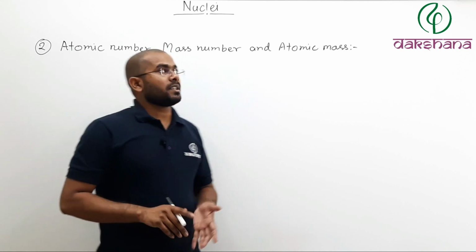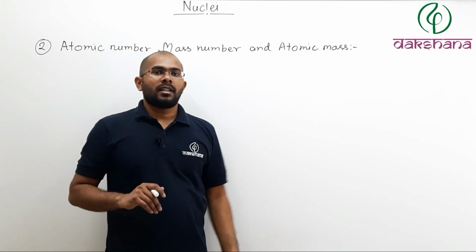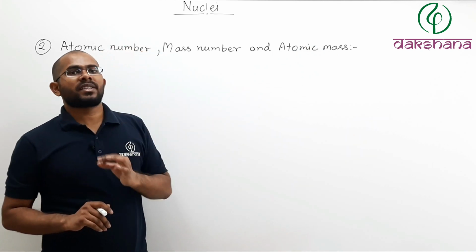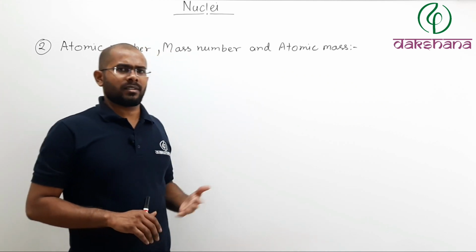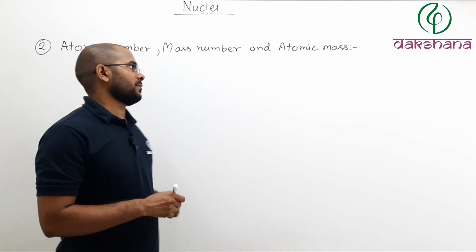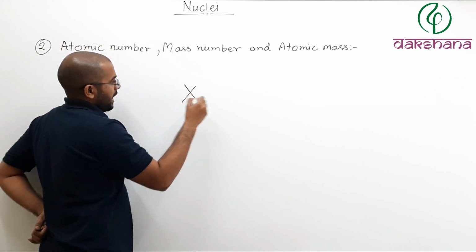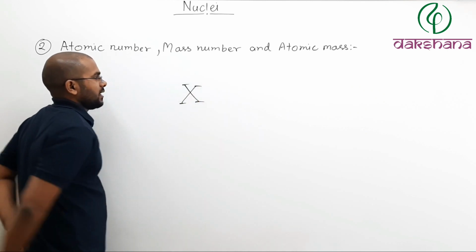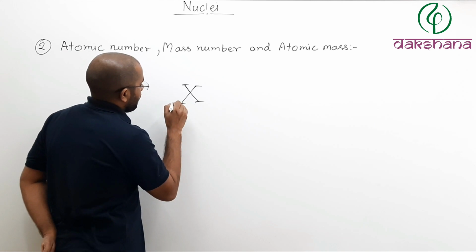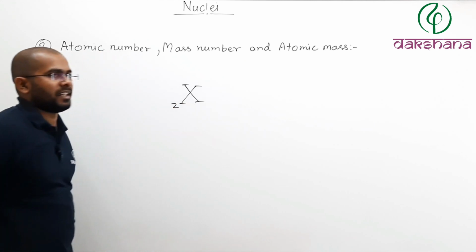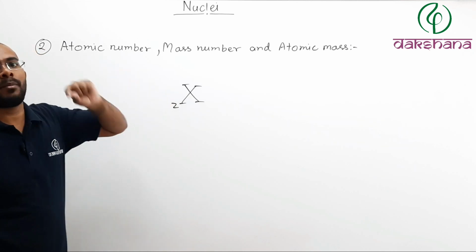Now that we know what atomic number, mass number and atomic mass are, let us see how we represent our element. You might have studied this already in chemistry, but as I said, take this as a revision. Let us say I am trying to represent element X. It can be anything. On the left side bottom, you will write Z. Z is your atomic number, the number of protons.